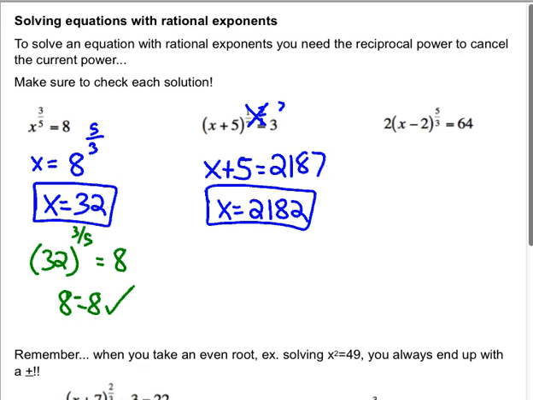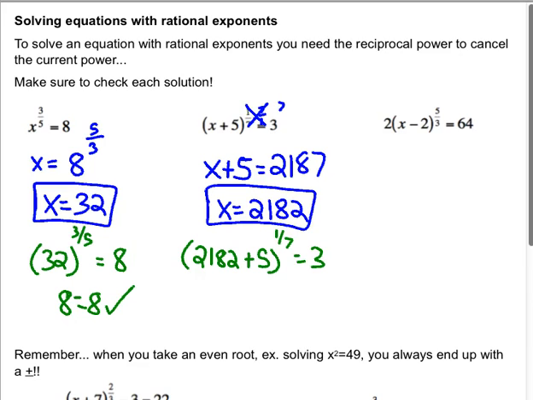Now that we have our answer for x, again, it's always a good idea to go back and check that it actually worked. So let's plug that in: 2182 plus 5 to the 1/7 power.